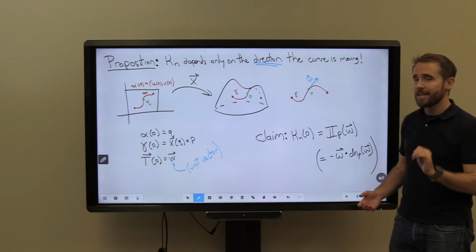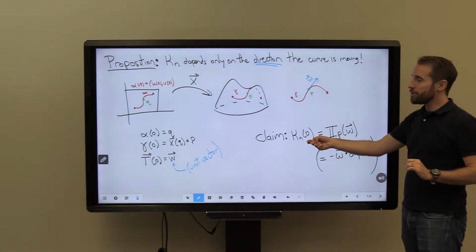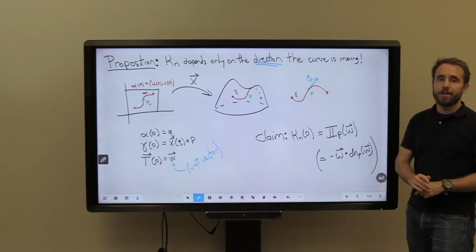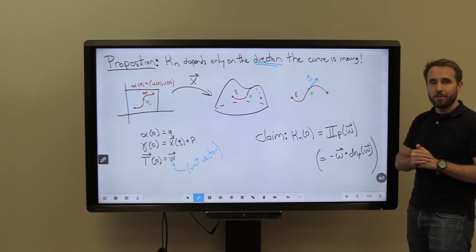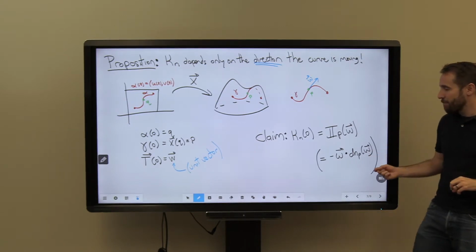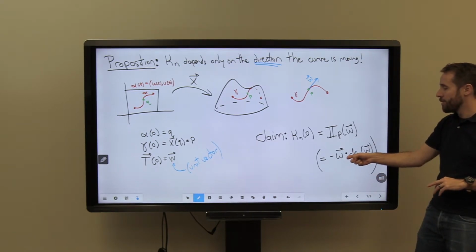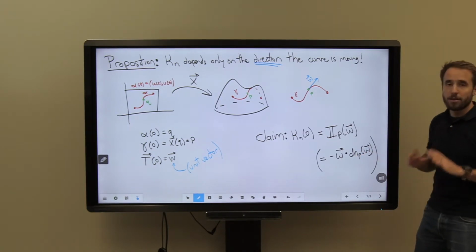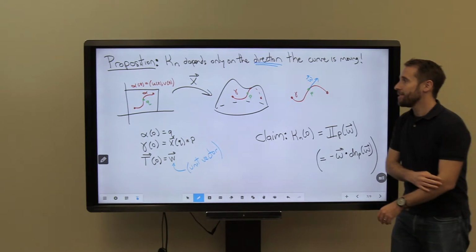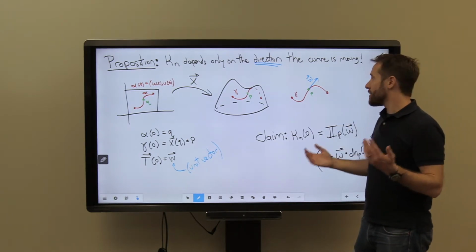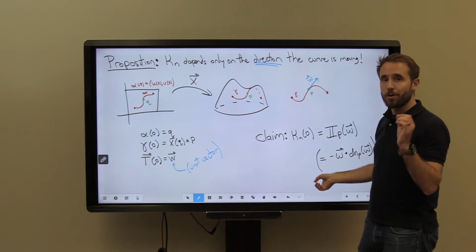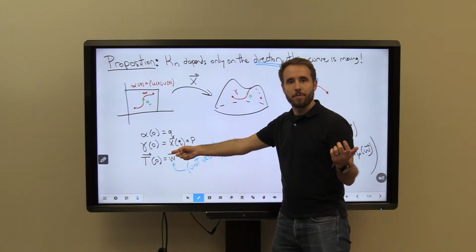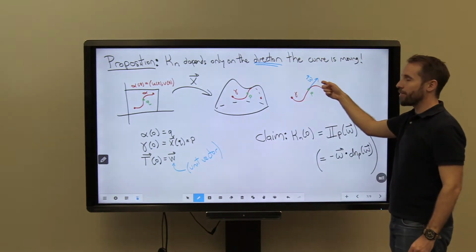Then with this setup, the normal curvature, as defined on the previous page, is just the second fundamental form of the vector W, which, as a reminder, is the negative dot product of W with the differential of the Gauss map of W. So what this is really saying is that the most important parts of my definition of normal curvature are not actually the alpha or the gamma, but it's really the direction W that I'm going through here.